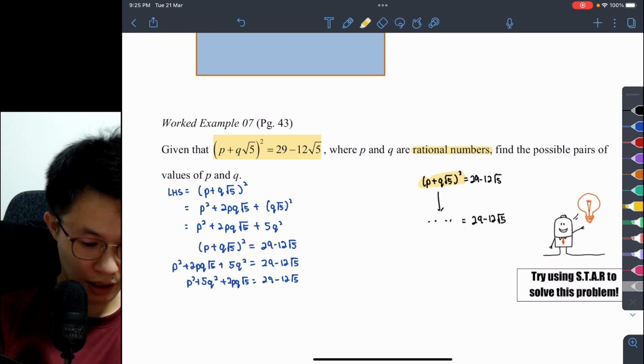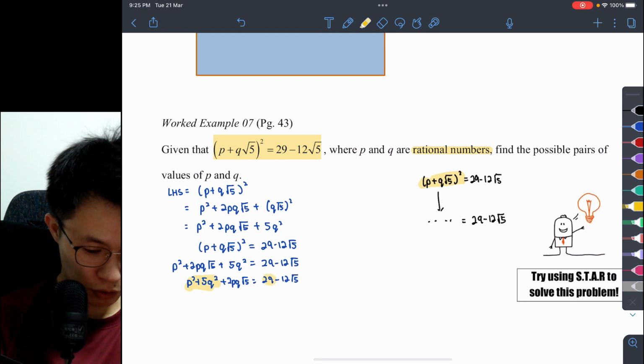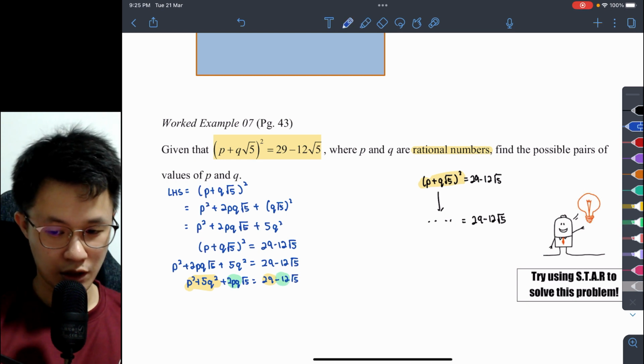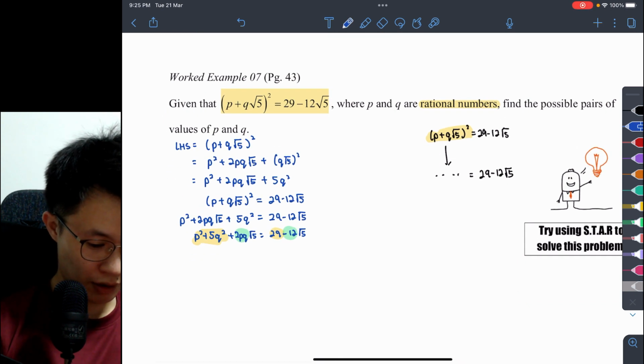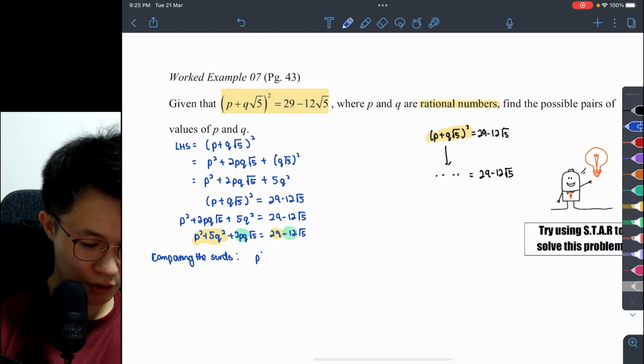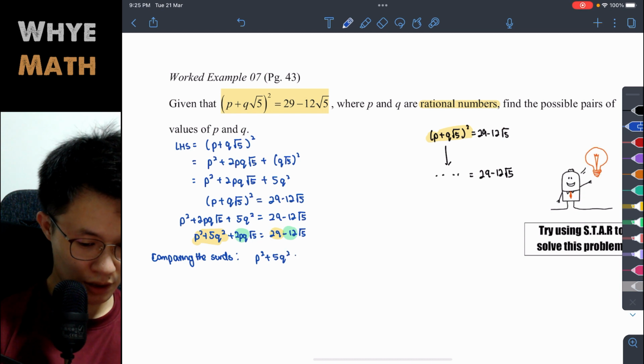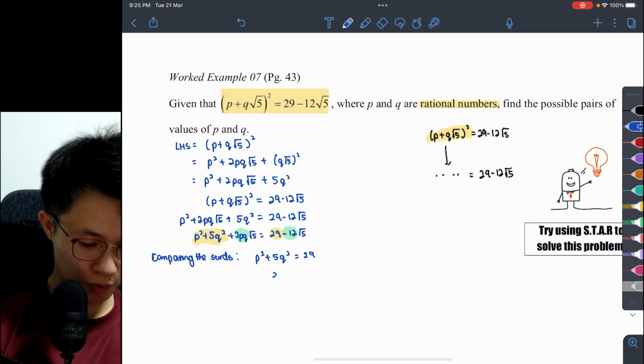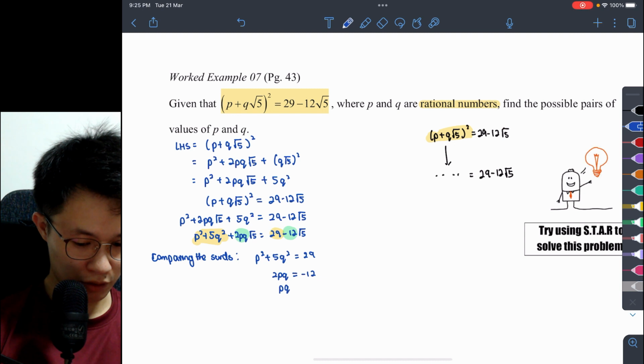We can see that p square plus 5q square is equal to 29 and 2pq is equal to negative 12. So we can form a relationship. From comparing the surds, we can deduce that p square plus 5q square is equal to 29, and 2pq is equal to negative 12, and hence pq equals negative 6, so p is equal to negative 6 over q.